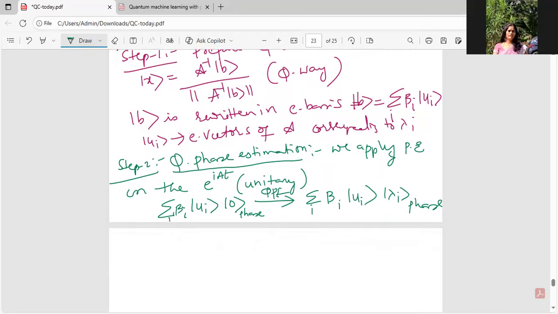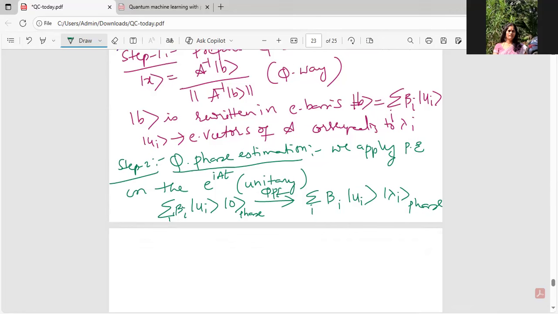I need to find lambda i inverse, the eigenvalue inversion. But in quantum, it's not just reciprocating the number, because the numbers can be complex and things are different in the complex plane. To compute A inverse, we need to reciprocate each eigenvalue.